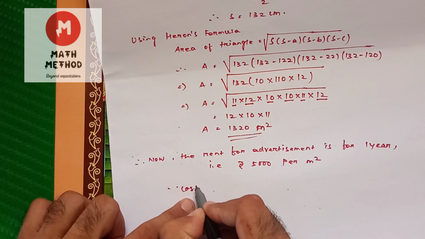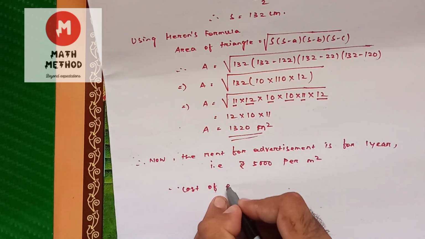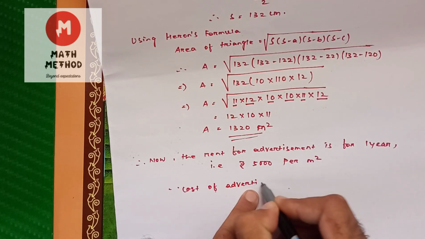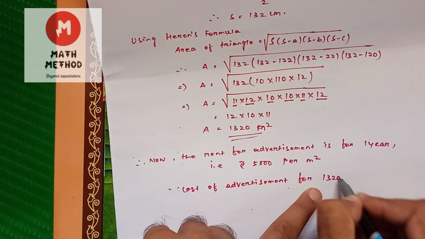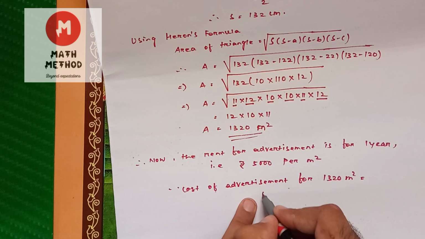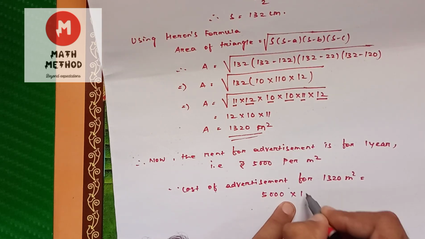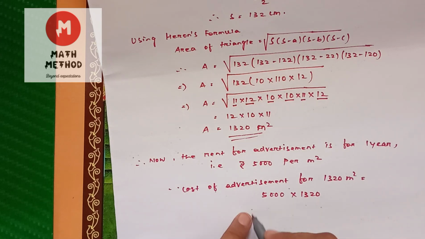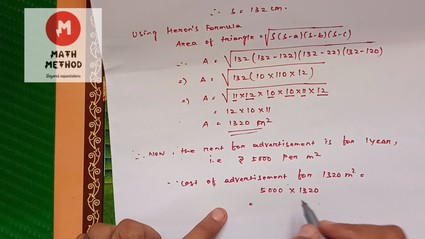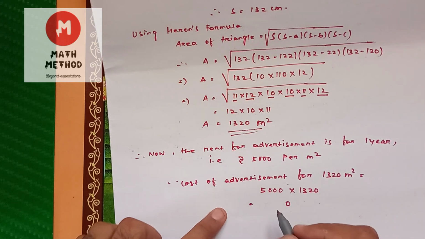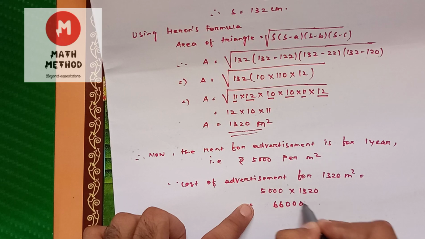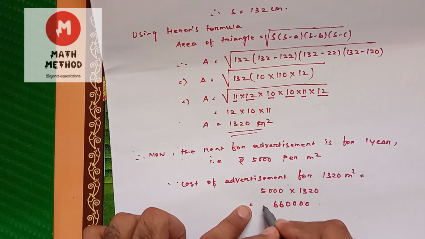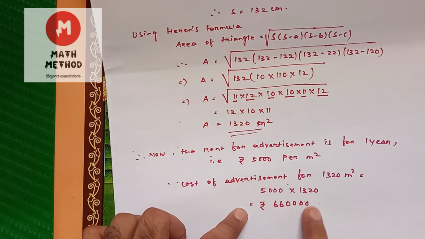Now the cost of advertisement for 1320 meter square is equal to 5000 into 1320 rupees, which is equal to 66 lakhs, that is rupees 66,00,000 for 1 year.